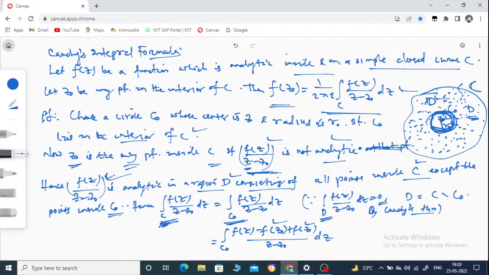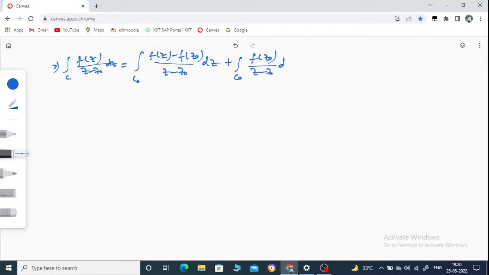Now coming to the next page. The left hand side is the integration over C of f of z divided by z minus z naught dz. On the right hand side, I am rearranging: integration over C naught of f of z minus f of z naught divided by z minus z naught dz, plus integration over C naught of f of z naught divided by z minus z naught dz.